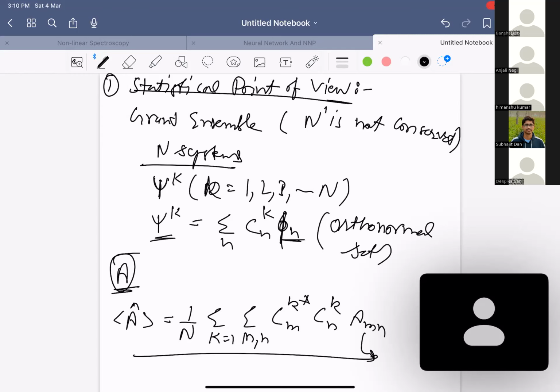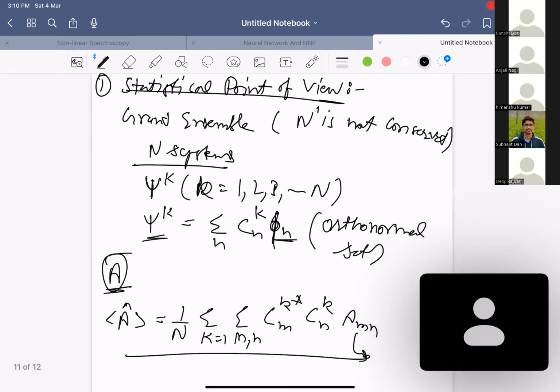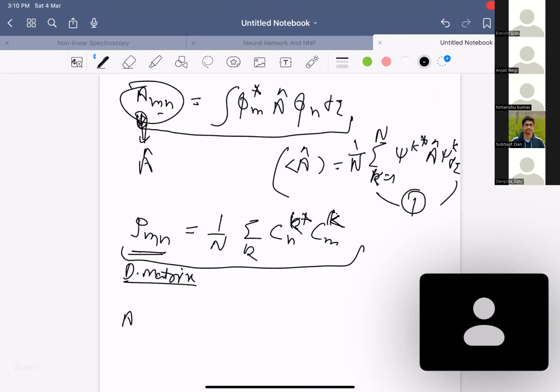So then look at this equation here. The expectation value of any operator A can be given by this double summation. One summation is over the ensemble average and another one is for the operator. So this A can be written as the summation over m, n of Amn times rho nm. I'm just putting the values of Amn into the previous equation.